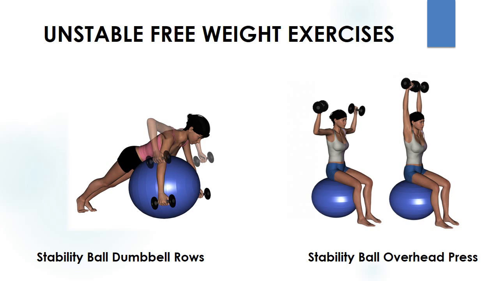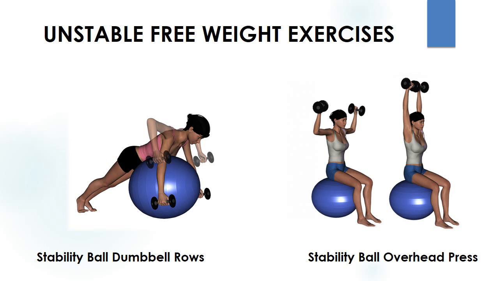In addition to the instability offered by the dumbbells, here we see the patient on an unstable surface. So we have an unstable load being lifted across an unstable surface. And of course, this requires tremendous activity and contraction of the spinal stabilizers, hip stabilizers, scapula stabilizers, and the entirety of the posterior chain of muscles.